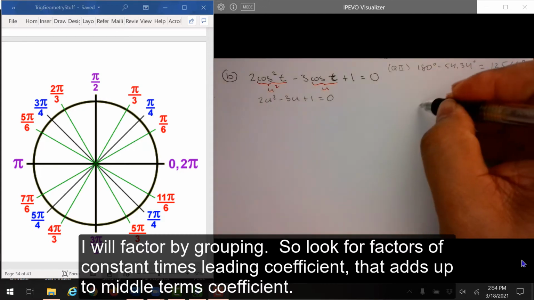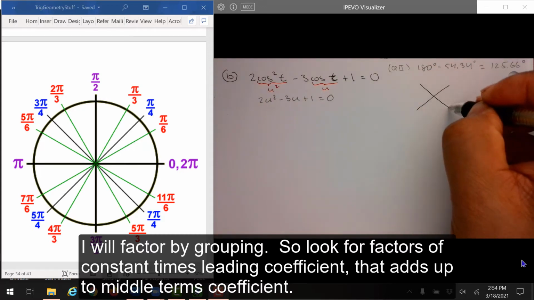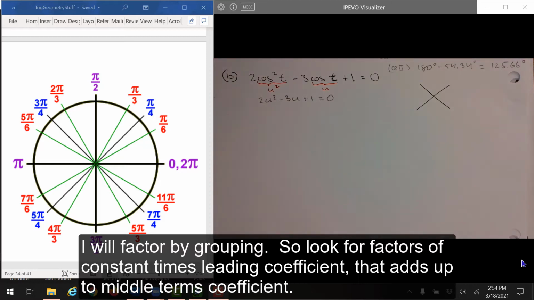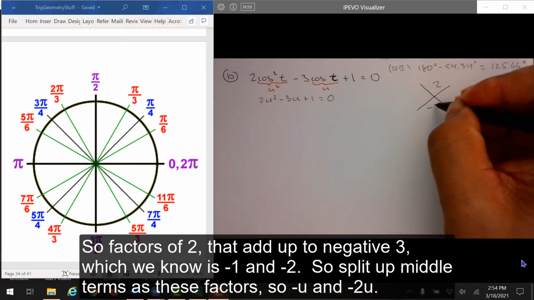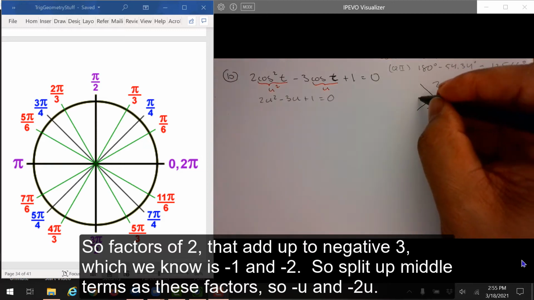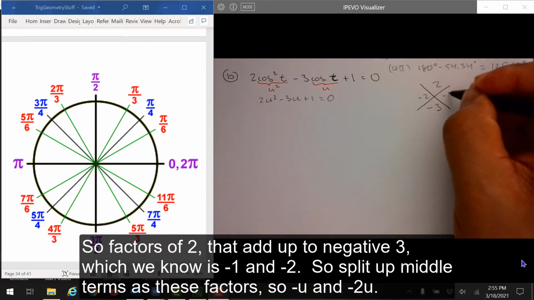So look for factors of constant times leading coefficient that adds up to middle terms coefficient. So factors of 2 that add up to -3, which we know is -1 and -2.